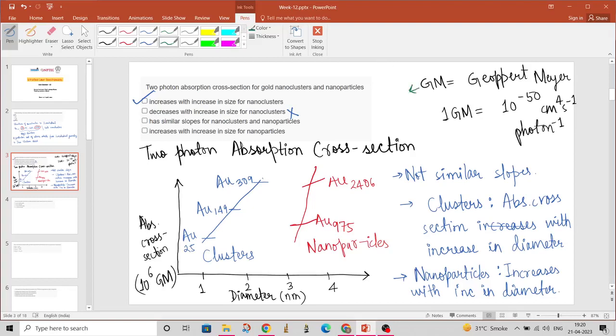This is the person who got the Nobel Prize in 1963 in physics.